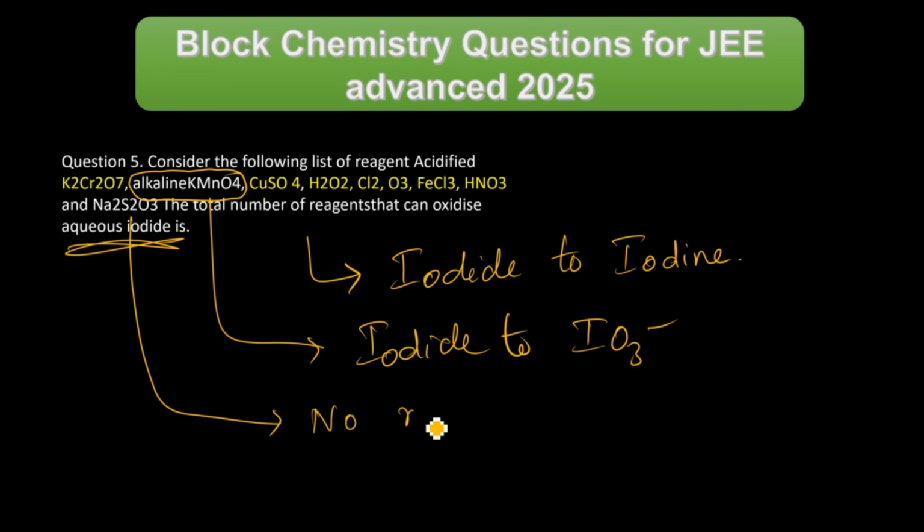In this case, no reaction happens. So among these, what would be the right answer to this question? If you want the reactions, just put it in the comment. I will give you the reactions. So the answer to this question will become 1, 2, 3, 4, 5, 6, 7, 8.